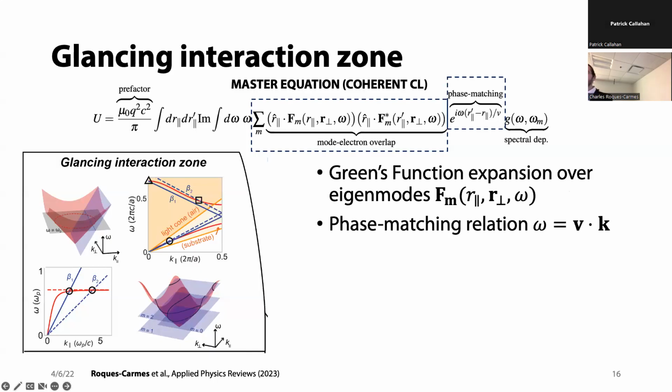It is very convenient because we can plot at the same time the band of the photonic structure and the band of the electron, which is just essentially this relation. In 2D it is going to be a line, and in 3D it is going to be a plane along k parallel, with a slope that's proportional to v, where parallel means parallel to the direction of the electron beam propagation.